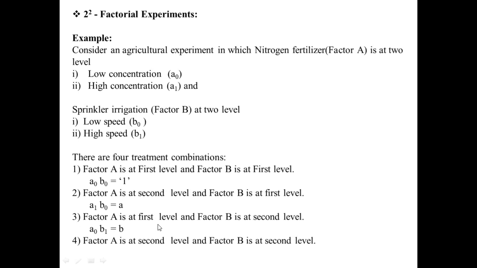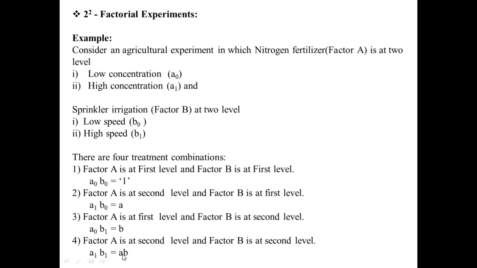And then we get the fourth treatment combination. In this combination we consider factor A at second level and factor B at second level. It means if we consider this example, in the fourth treatment combination we consider nitrogen fertilizer at high concentration and sprinkler irrigation at high speed. So we get treatment combination A1B1.